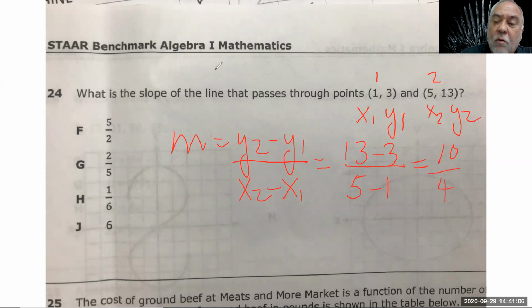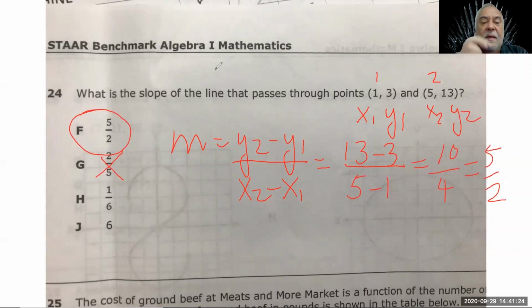So 10 over 4, but if you reduce that, that's 5 over 2, which is answer F. If you flipped it, so you did x2 minus x1 over y2 minus y1, you would have gotten answer G. That's not right. Okay? I'm not sure how they got the other two, but it doesn't matter. You guys aren't going to make that mistake anyway.